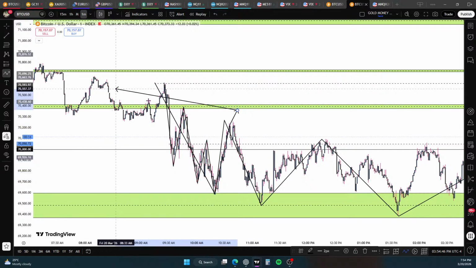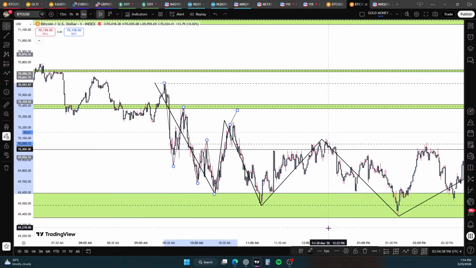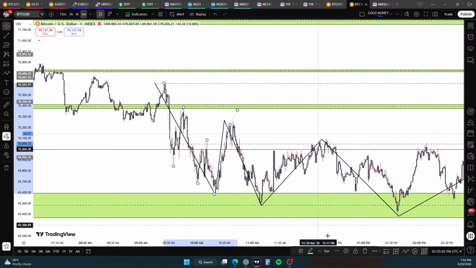But even just the 50% for now, right? I'll outline this so that it's more visible. So what do I need to do with this? I need to change the color of this to something like that, or maybe this.